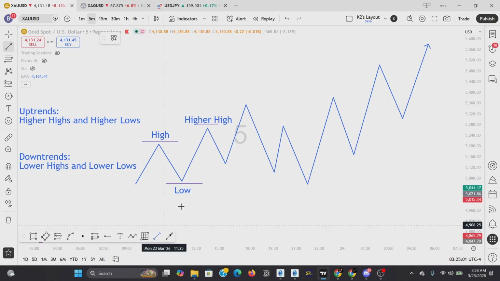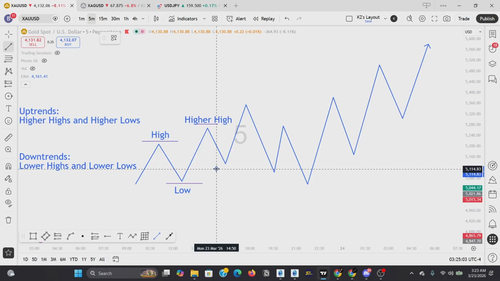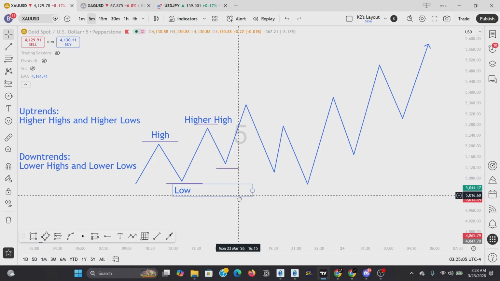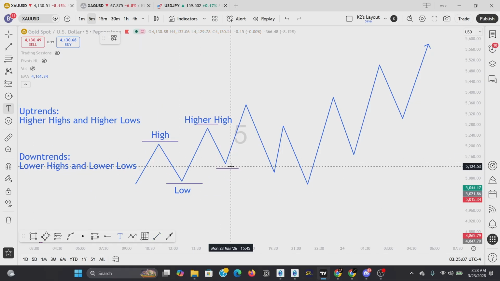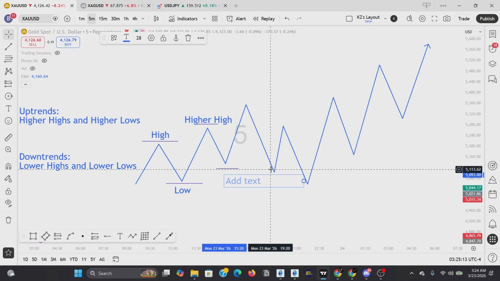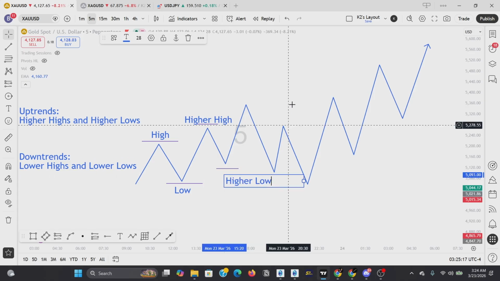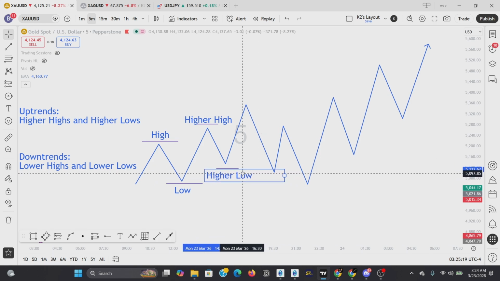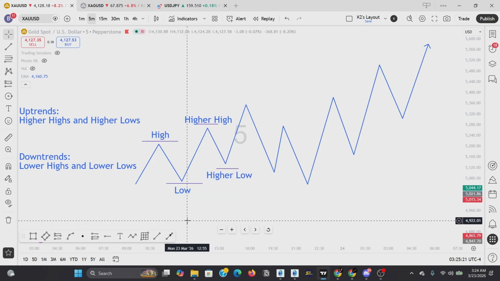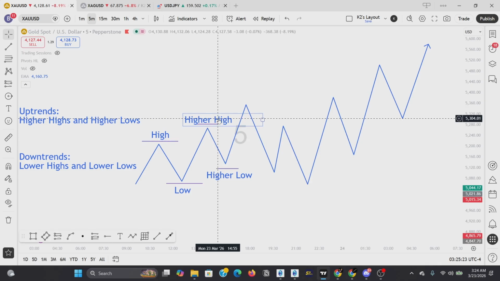So we're going to look. After this higher high, what do we have? We have another low. Is this low higher than this low, or lower than this low? It is higher. So this would make this a higher low. Boom.